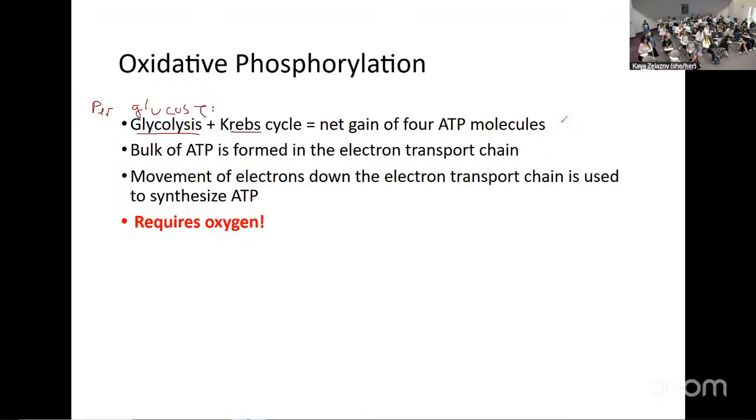We've only made 4 ATP molecules so far. So we saw in the original equation that we can make up to like 38 molecules of ATP by breaking down glucose. So we clearly are not all the way there yet. And it's this oxidative phosphorylation step at the end that's going to make the bulk of ATP. So tons of ATP, and this is the part where we're going to need oxygen.